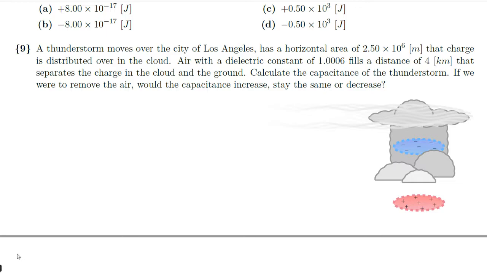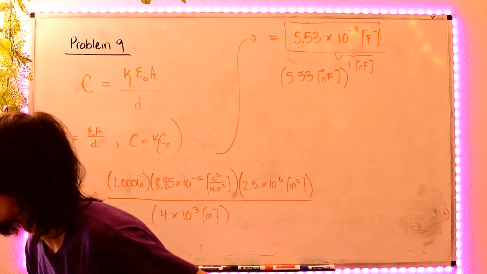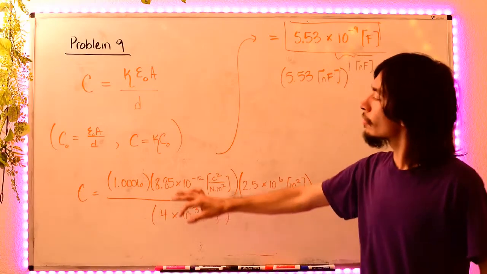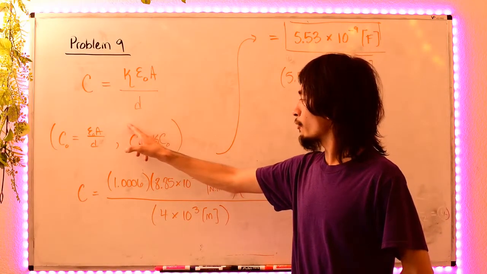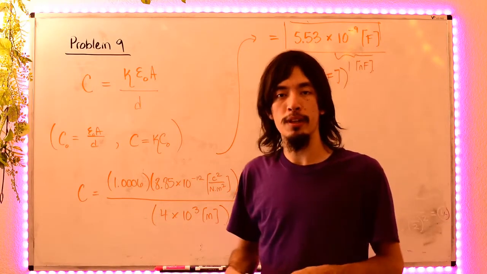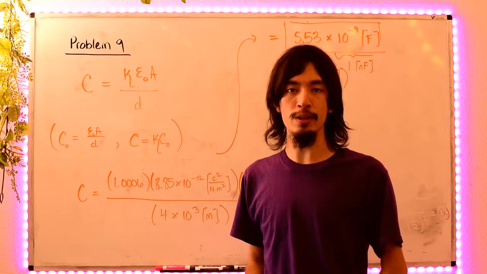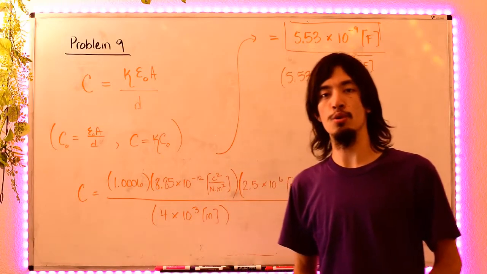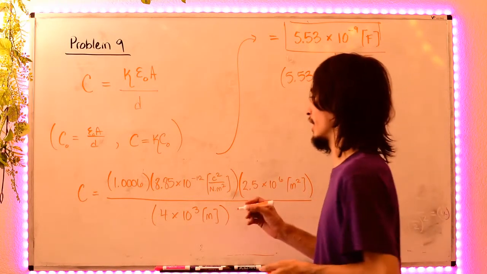Just conceptually knowing about capacitance, if we go back to here, we should know that when we account for a dielectric, its ultimate purpose with the capacitor is to increase its capacitance by putting it in it.